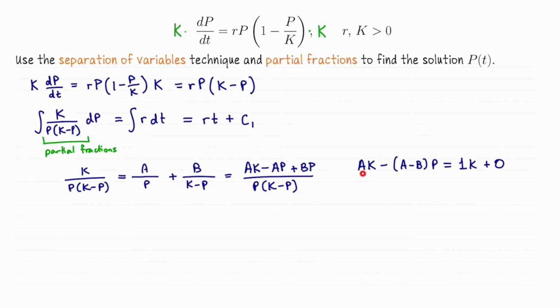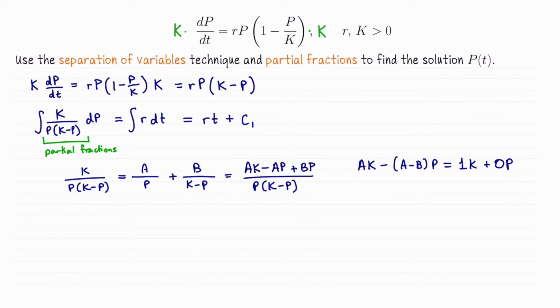So the ak is just as it is, and then minus aP plus bP, I chose to pull out the negative, that was optional, leaving me with a minus b, and then that expression times P. On the right-hand side, k is just k. Because I want to compare the coefficient of k, I put 1 there just so that we match up the a. And then I meant to add plus 0P.